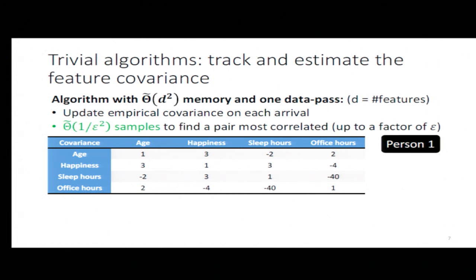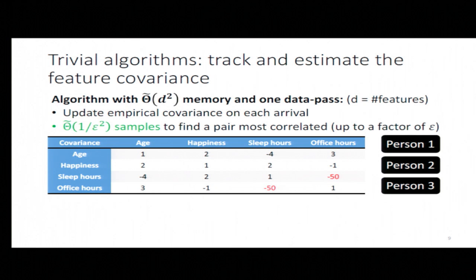It just estimates the whole covariance matrix from the samples. Here's an illustration. The data arrives, the covariance is being estimated, and then the largest correlation is being output. Now, this algorithm requires memory which is quadratic in the number of features, and one pass over the data suffices.